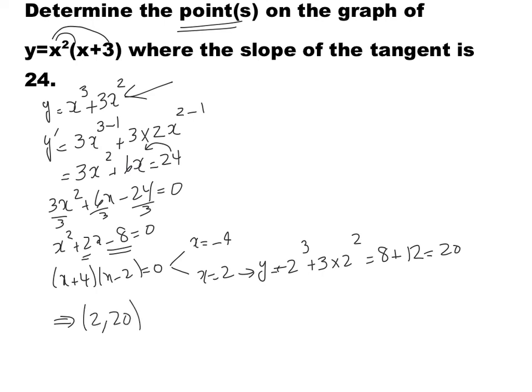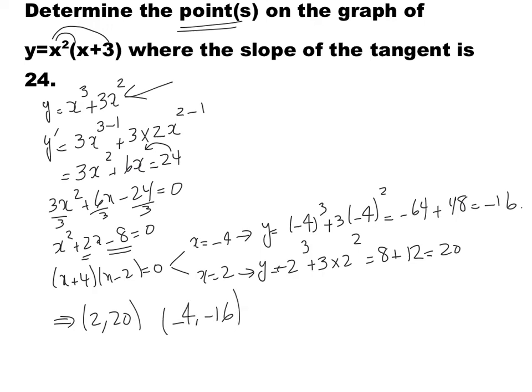Now, when x is negative 4, y becomes negative 4 cubed plus 3 times negative 4 squared. Negative 4 cubed is negative 64. Negative 4 squared is 16 times 3 is 48. And negative 64 plus 48 is negative 16. So the next point is negative 4 and negative 16.